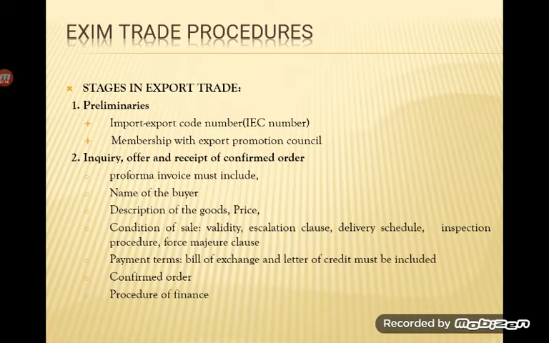Then delivery schedule: when the exporter has to deliver the goods to the importer, that schedule will be given. Then inspection procedure: who is going to inspect the commodities that are going to be sent to the importer will also be given.